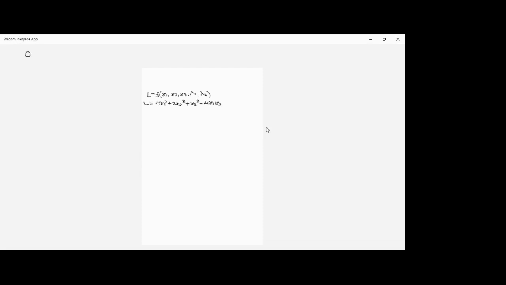This is your objective function, and then minus lambda 1 times (x1 plus x2 plus x3 minus 15), which was constraint 1, and then constraint 2, minus lambda 2 times (2x1 minus x2 plus twice x3 minus 20).